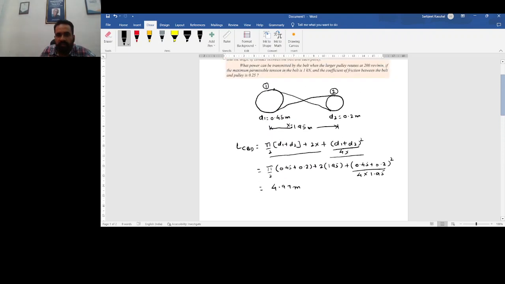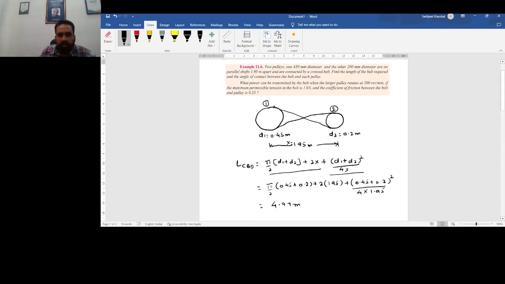So next thing which we have to find out is the angle of contact between the belt and pulley. Suppose this is the center point, and suppose here you have the angle. This is the angle of contact between the belt and pulley, theta.